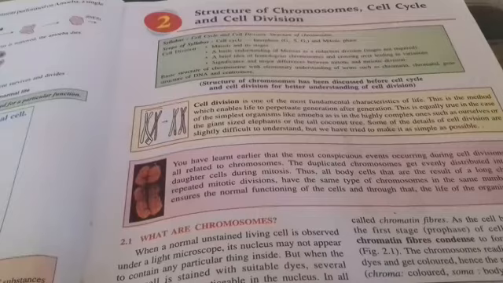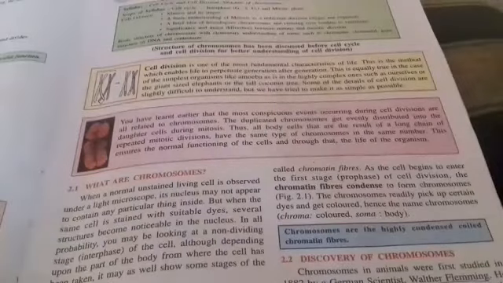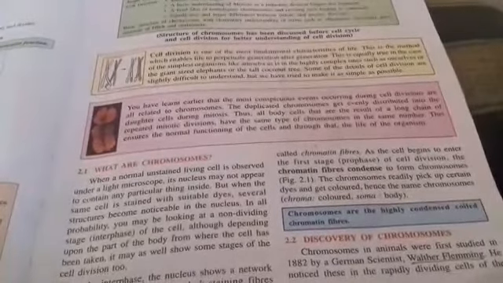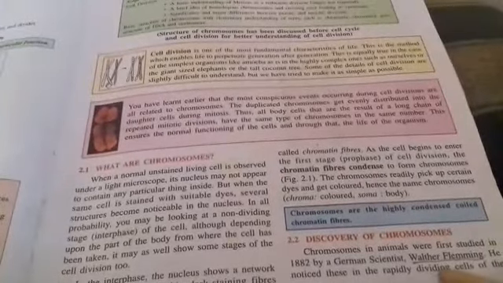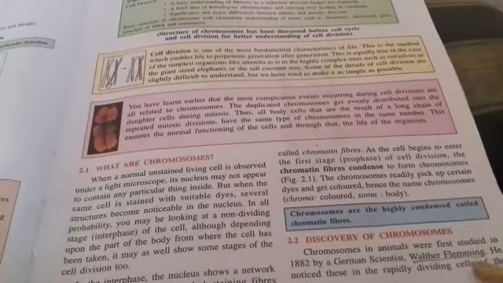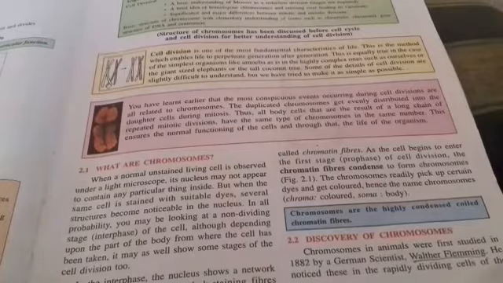Who discovered chromosome? Chromosomes were first discovered by a German scientist known as Walter Flemming in 1882 when he was observing an amphibian known as salamander, the larval stage of the salamander. There he could observe some thread-like structures appearing to be repeatedly dividing.